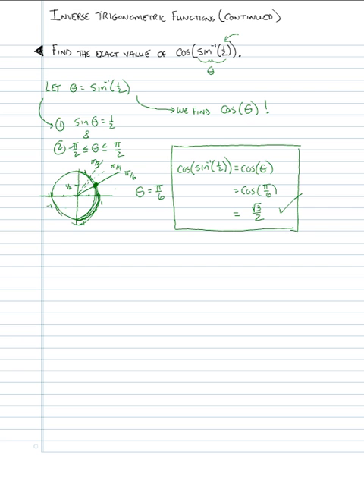In other words, we could find the angle theta exactly. But that's not always the case. And so in our next problem, we're going to see a need to take a different approach. Let's look at the next example.